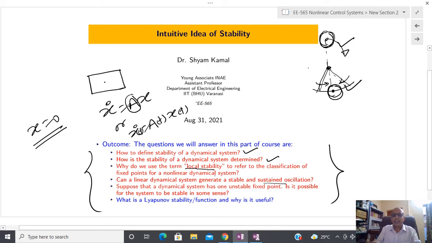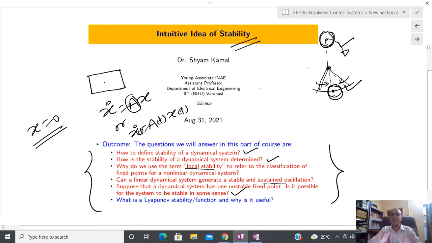So due to that reason, we have to understand different notions of stability for this purpose, and we are going to understand the notion of limit cycle in the subsequent lectures. And obviously one of the most beautiful outcomes after that is Lyapunov stability, or the Lyapunov function, and we are going to connect this with this particular notion of stability.